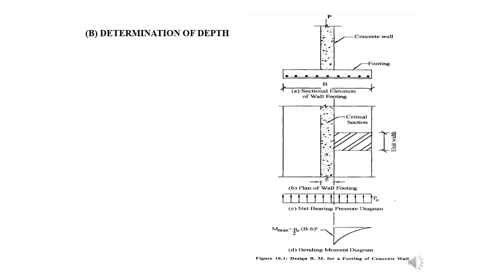So how can we find out the thickness of the footing? You have to calculate this, because this thickness is going to take the load of the structure coming from the top. So this thickness we have to decide. Two things are there.